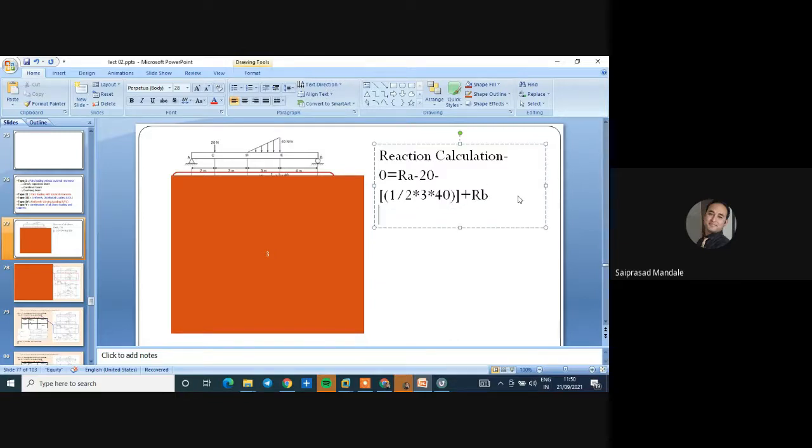So once I do this calculation, can anybody tell me RA plus RB is equal to how much? Minus 20 and it is 40, 60. Is it 80?